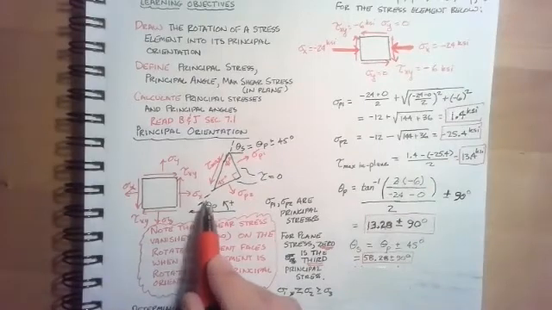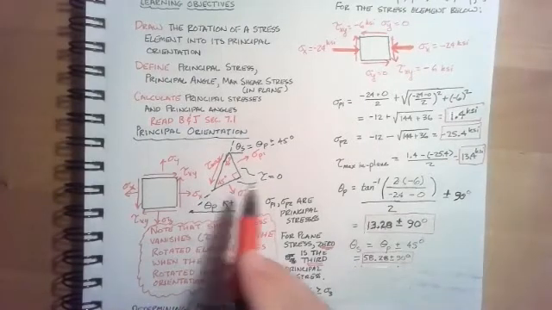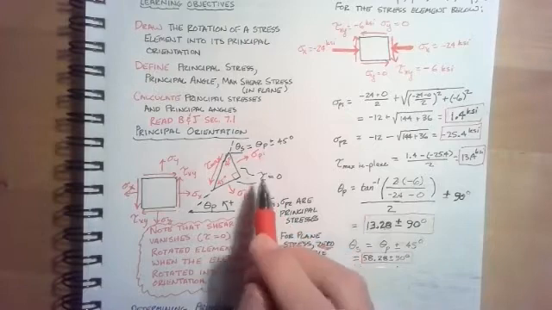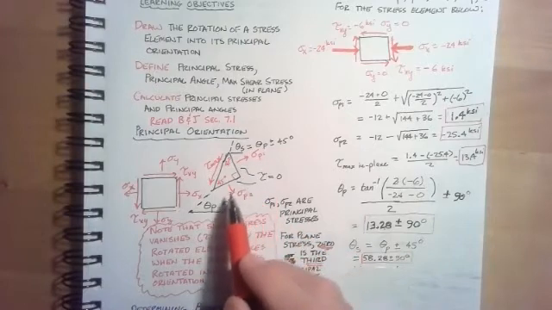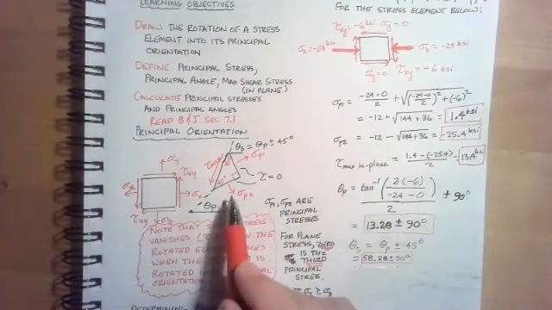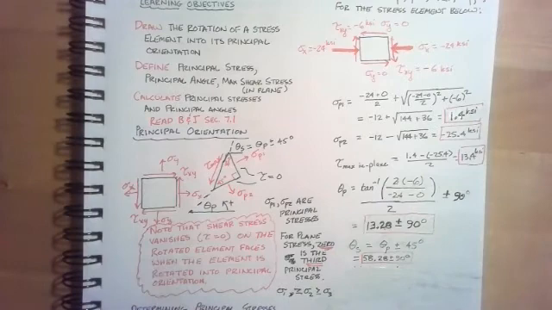Now, the principal angle, the way I've drawn it here, is going to rotate the element such that the most positive principal stress, sigma P1, is on the X face, and the smaller stress, sigma P2, would be on the Y face, the way this is transformed.